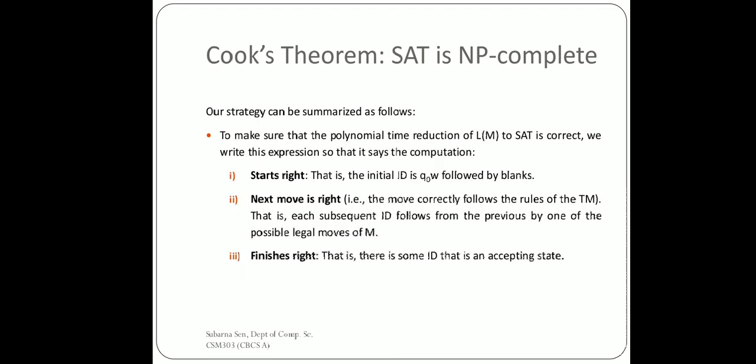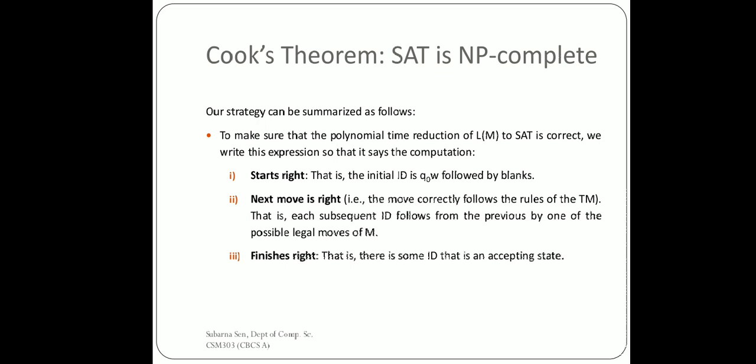Now, to make sure that the polynomial time reduction of L(M) to SAT is correct, we will carry on the computation following three important things: first, starts right; next, next move is right; and finally, finishes right.